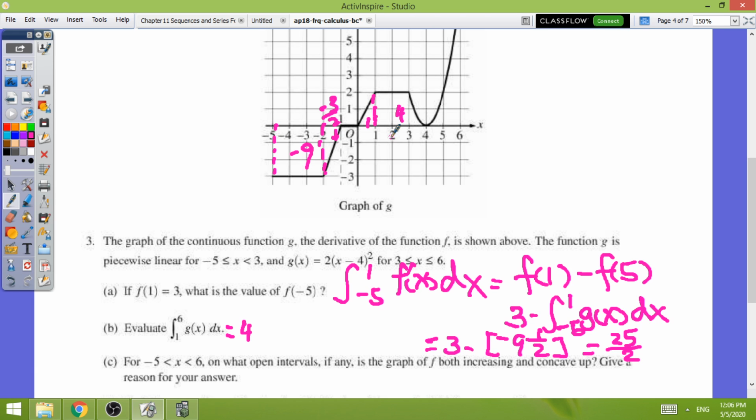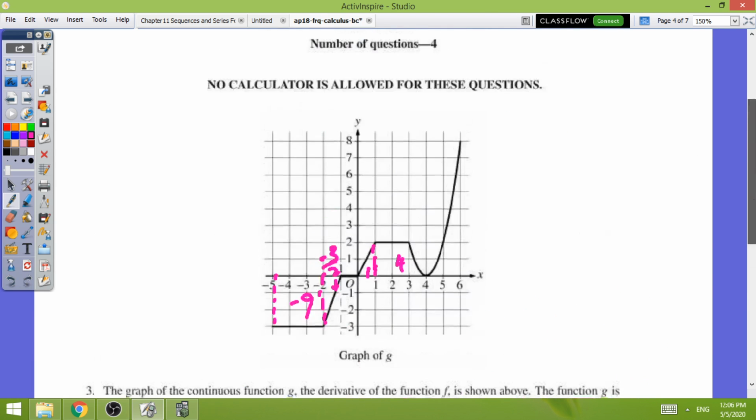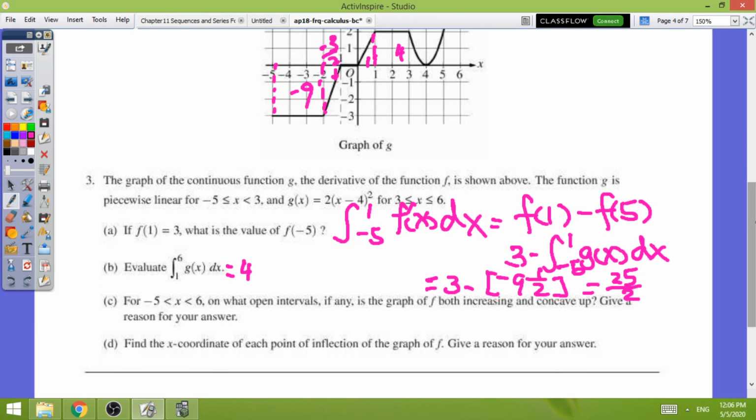And then for the rest, from 3 to 6, you have to integrate g of x, the function we have: the integral of 2 times the quantity x minus 4 squared, dx.